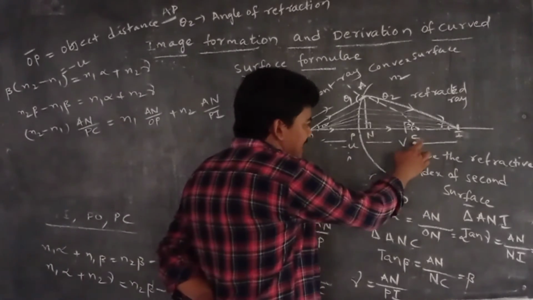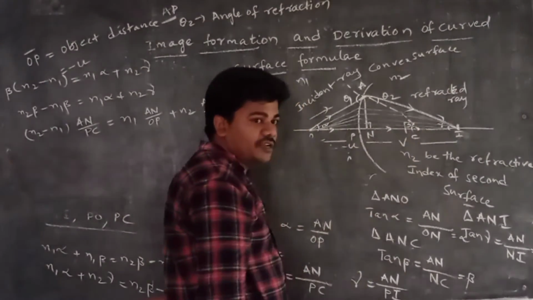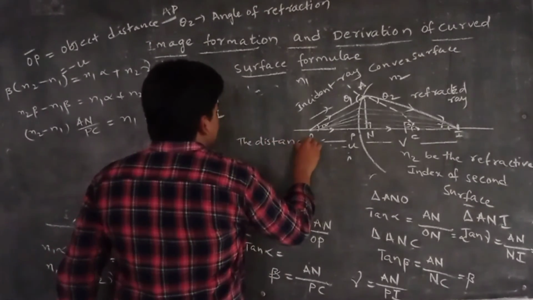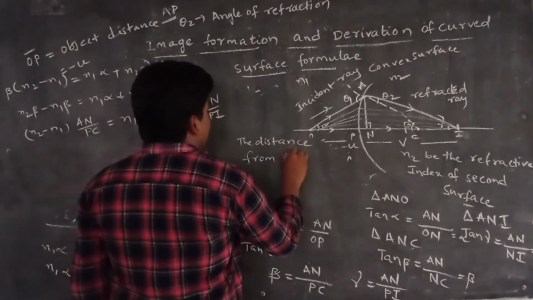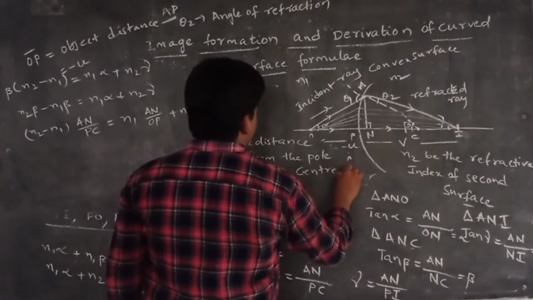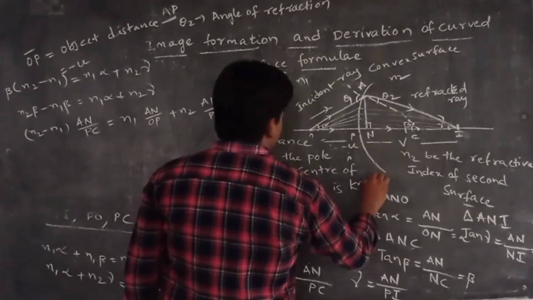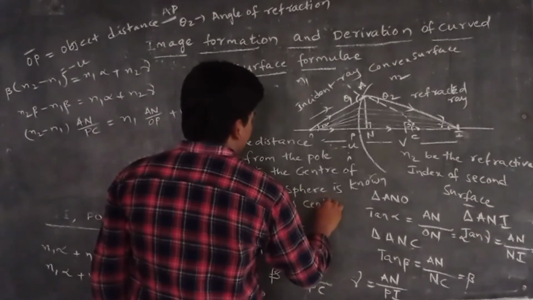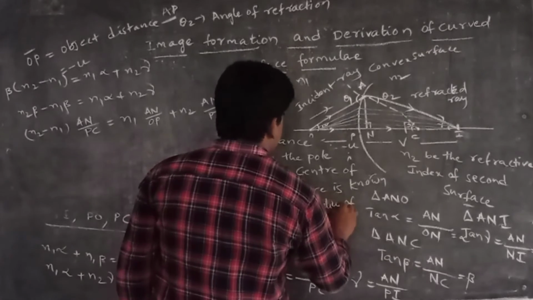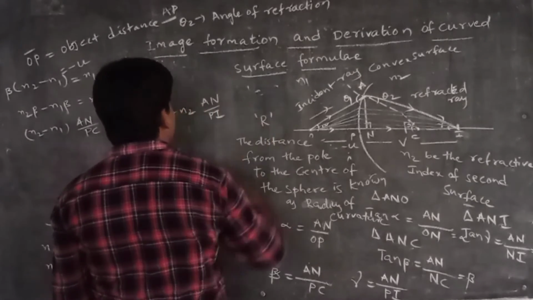The distance from the pole to the center of the sphere is said to be the radius of curvature. It is indicated with a capital R.